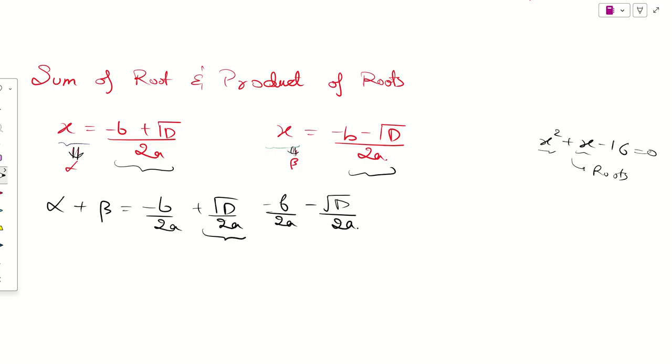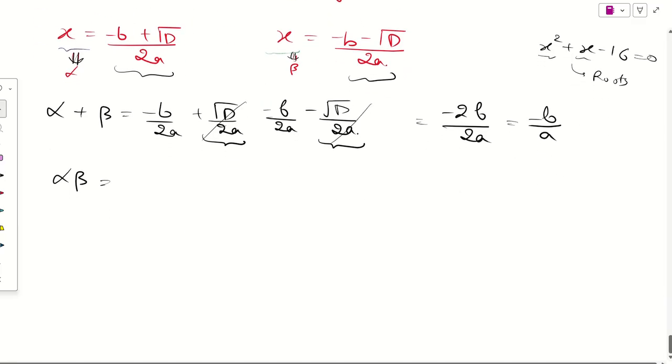So these terms are in different sign, so we can cancel them out. And from here we get minus 2b upon 2a. From here we get minus b upon a. This is your sum of roots, and now the product of these two roots.